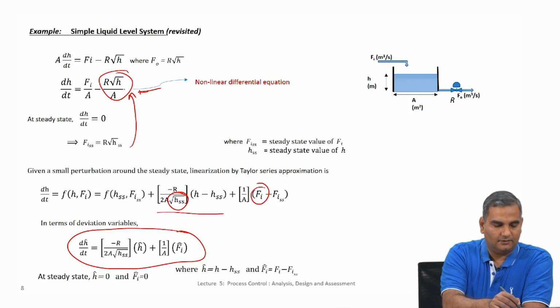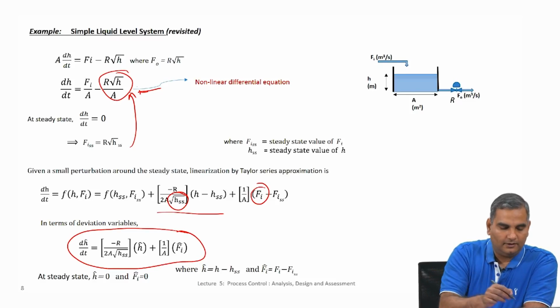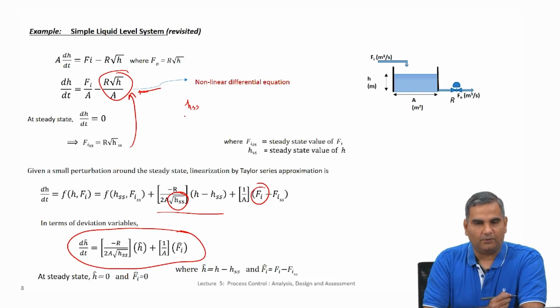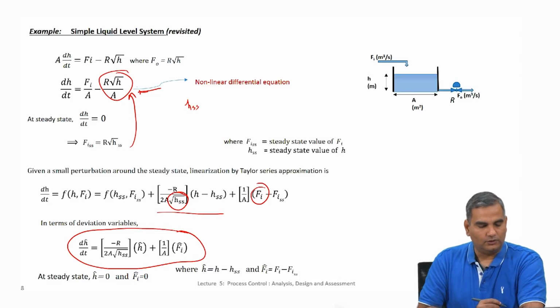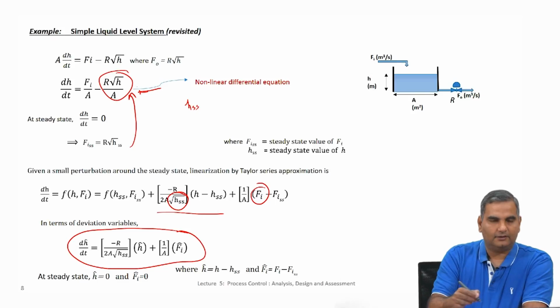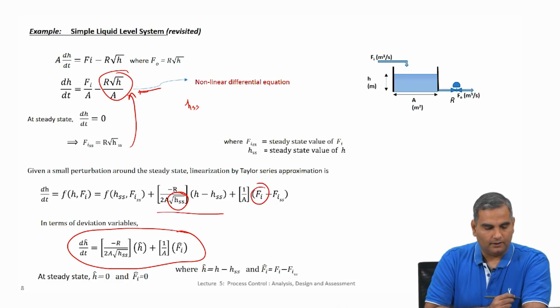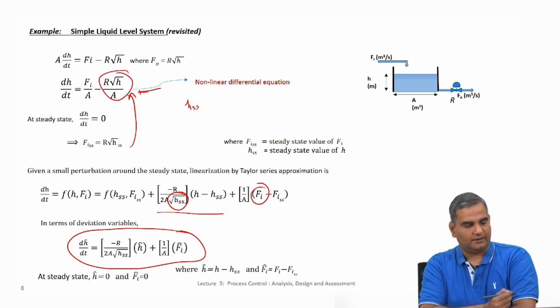Basically, write the Taylor series expansion of this term and evaluate the first derivative at HSS, because that is the steady state operating point at which we evaluate it. Then you have your linearized equation; subtract this equation from the other one, and you will get a particular form like this.